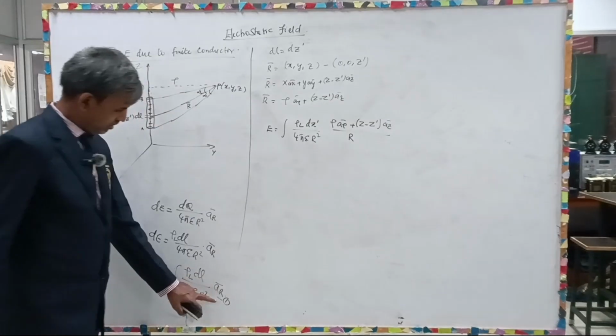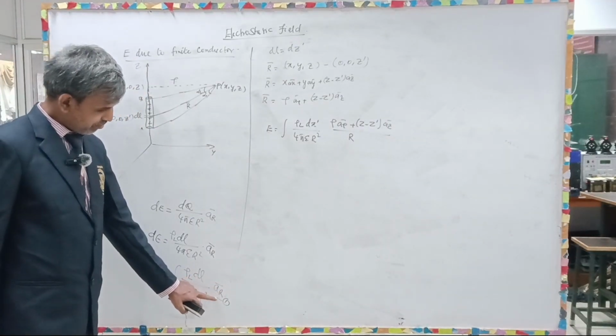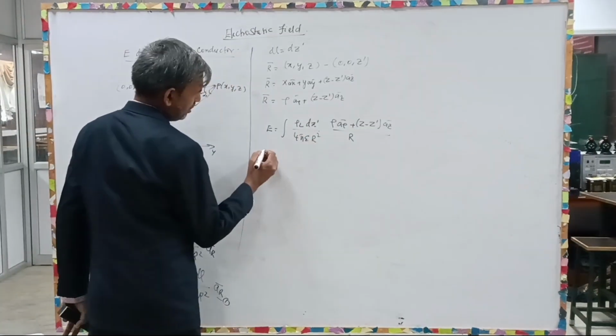As per the unit vector definition, a vector divided by the modulus of a, r into r square is r cube.